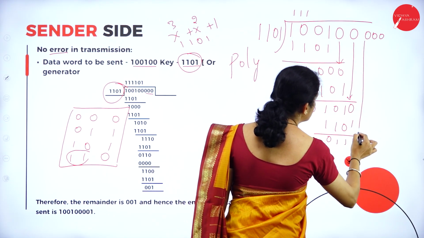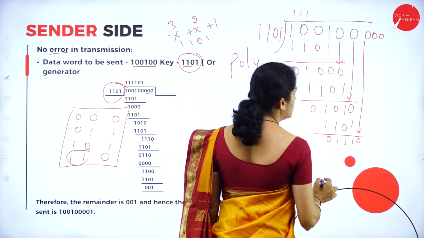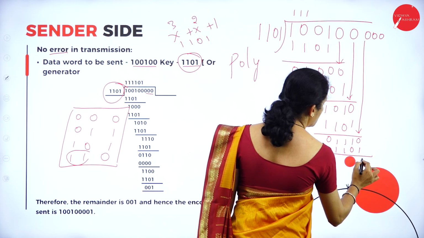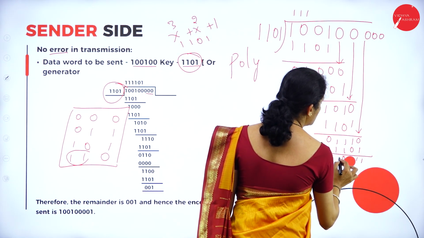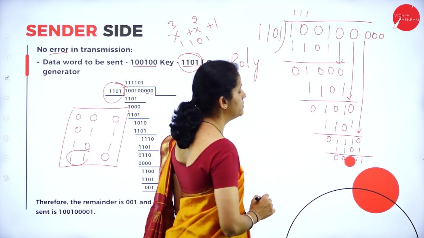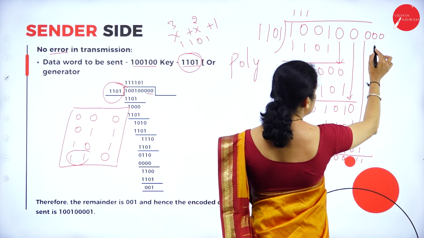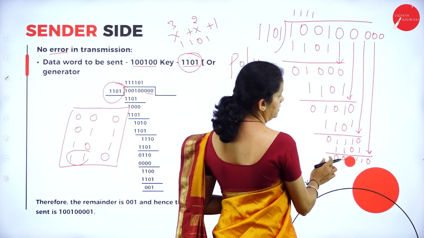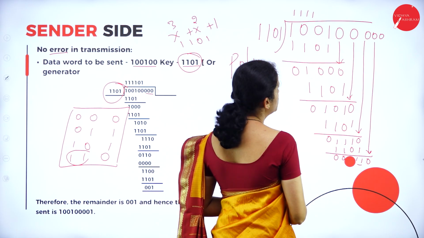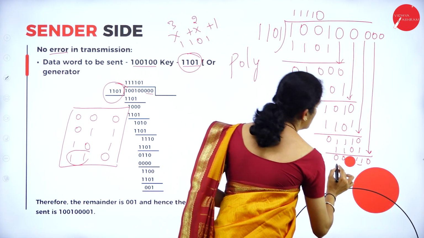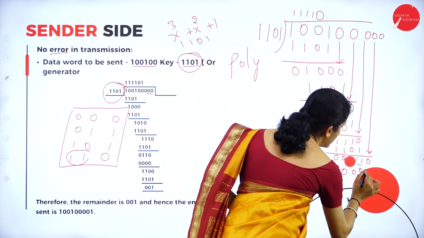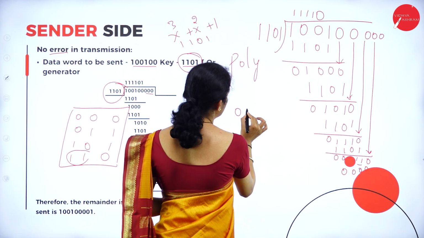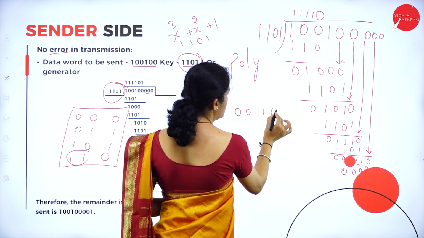Then I'll bring this 0 here. 1 1 0 1, 1 1 is 0. So I will bring this 0 here. Then see here, I have only 1 1 0. So it is 0 0 0 0. I'll rewrite here. I have 0 0 1 1 0.